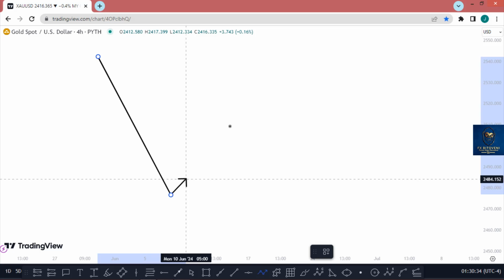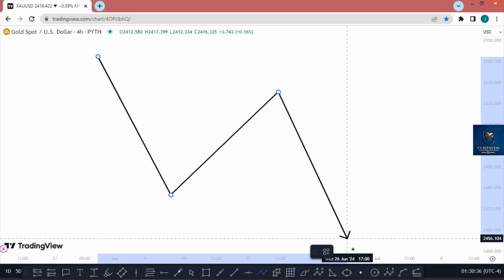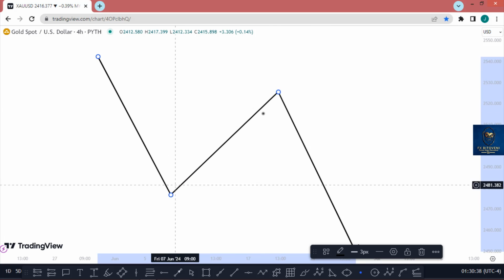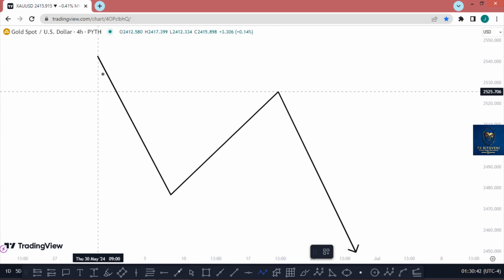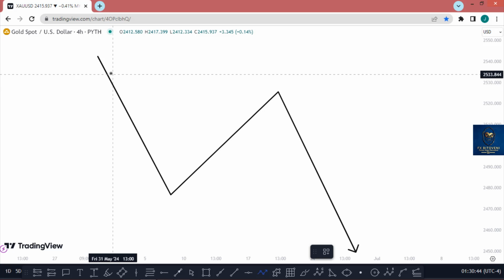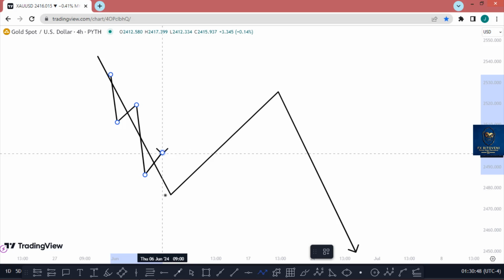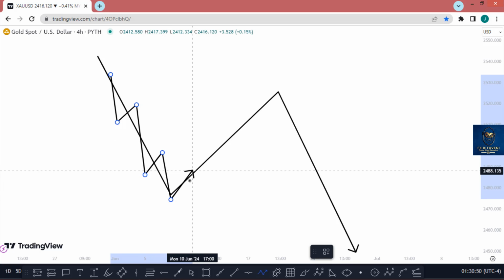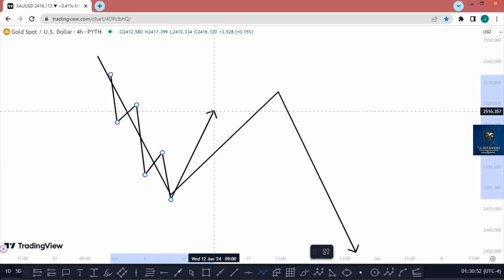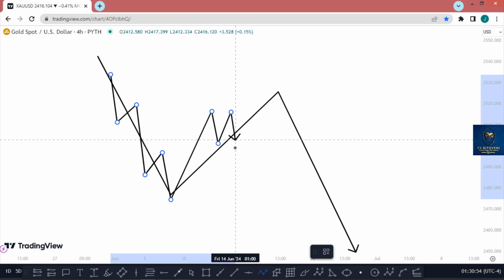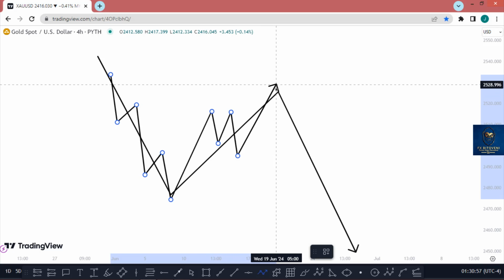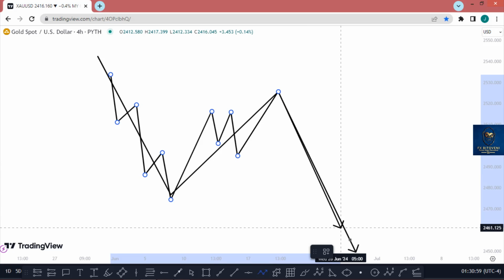Assume this is a zone. The whole zone here is a redistribution zone. Maybe if you check on our time frame, you can see something like this. You can check my videos about redistribution. You may see price doing something like this, and then price drops.